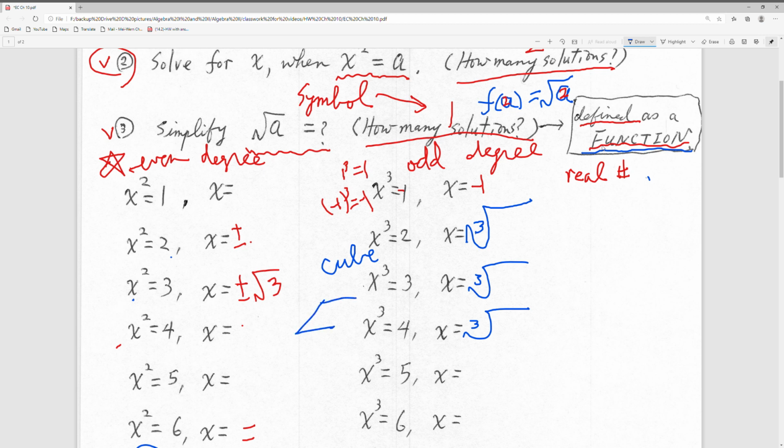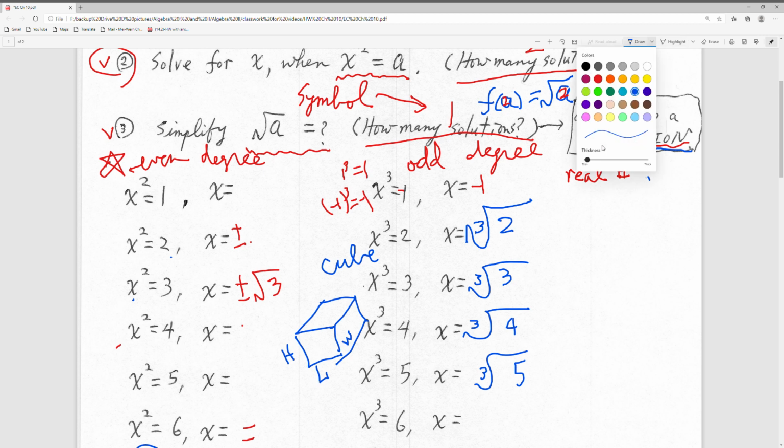Cube means you have height, length, and width, 3 dimensions. So you have the cube root.